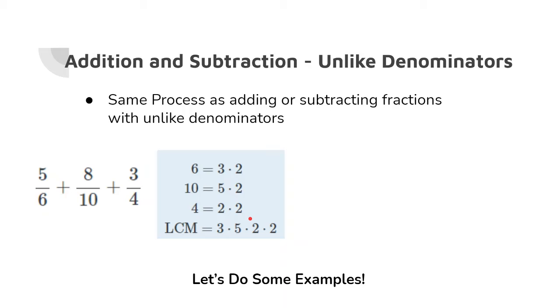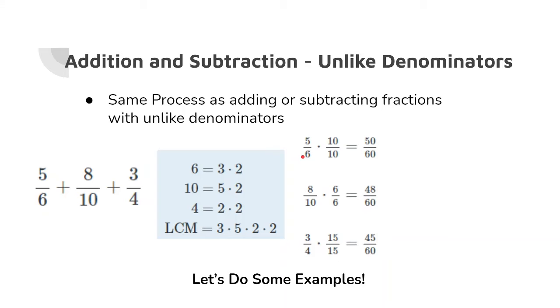So now that you've found the least common multiple, you can use that number as the least common denominator for all of these fractions. And you're going to have to multiply each of these fractions by some number to get whatever the LCM is. In this case, it was 60, right?